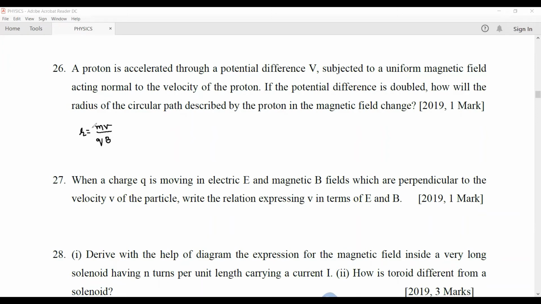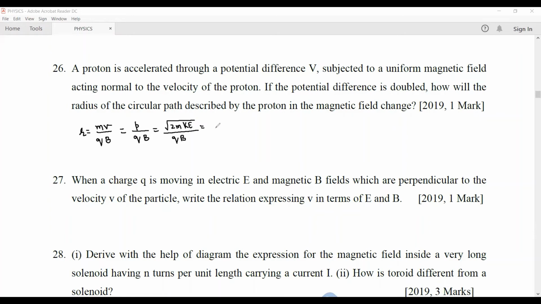Now here we have to determine this radius in terms of the potential difference. In order to do that, we know that mass into velocity is the momentum, and momentum is related to kinetic energy by P is equal to under root 2m into kinetic energy. So r is under root 2m times kinetic energy upon qB.